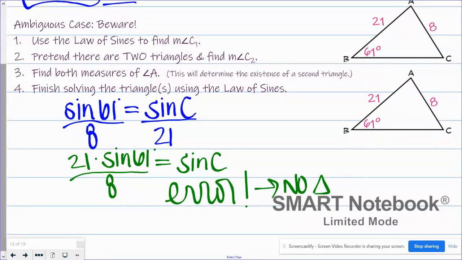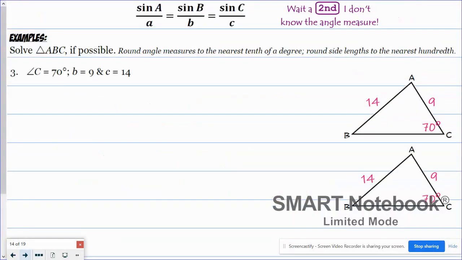Yeah, all right. Now let's take a look at one more example. So once again, I'm going to label both triangles with the given information. I know that angle C is 70 degrees, side B is 9, and side C is 14. So I've got my buddy system because I know angle C and I know side C, so I can create my law of sines buddy system ratio.